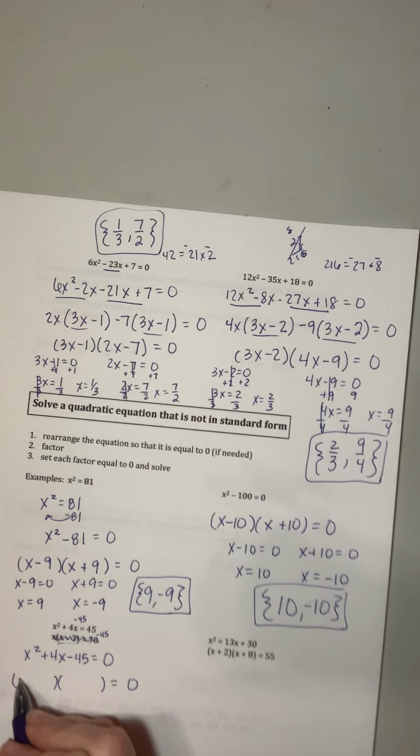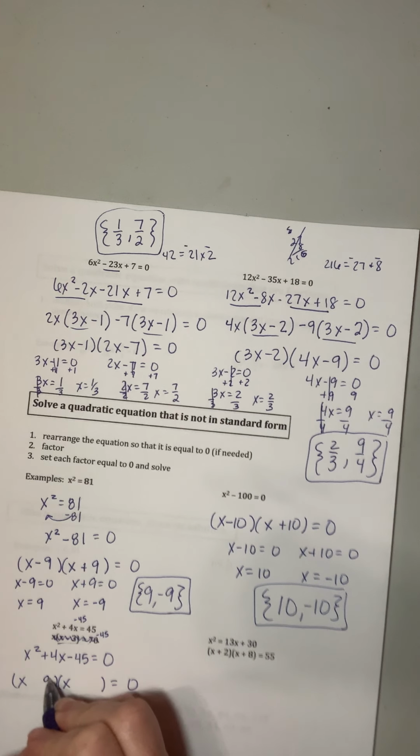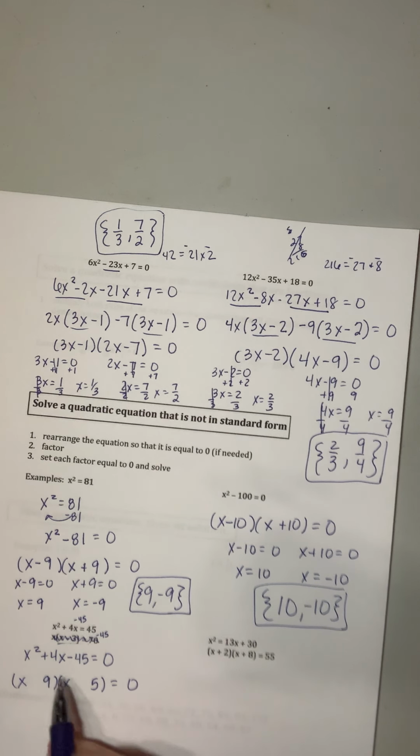And it's a low number here, so I'm just going to do it by trial and error. 9 times 5 is 45. And it needs to be a negative 45, so one of these has to be negative. But I also need to get a positive 4 here. So that means if I'm at positive 9 and I subtract 5, it's going to keep me at a positive 4.